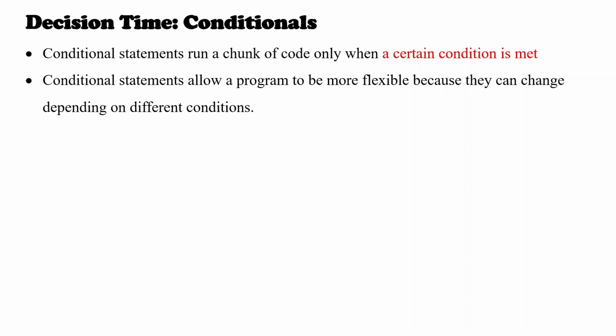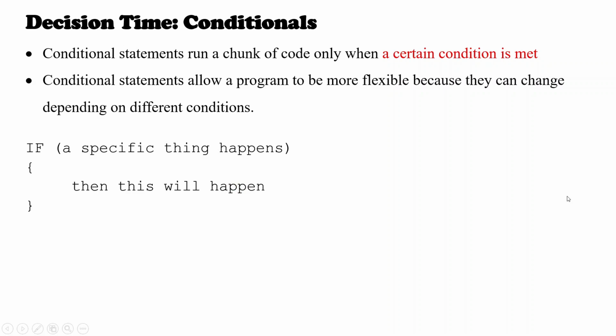This is the first structure we are learning after sequencing, right? How code runs from top to bottom in order. But conditionals help us ask a question in our program, and they evaluate a different series of statements depending on if the answer to that question is true or false.